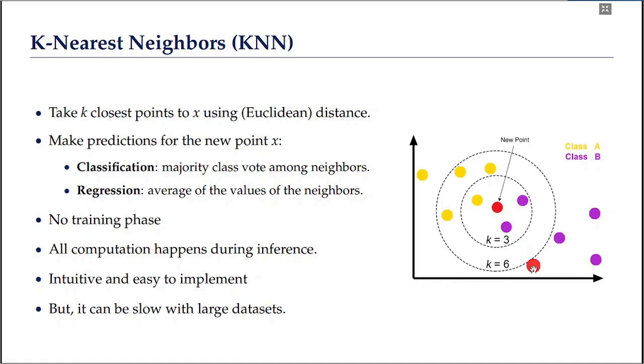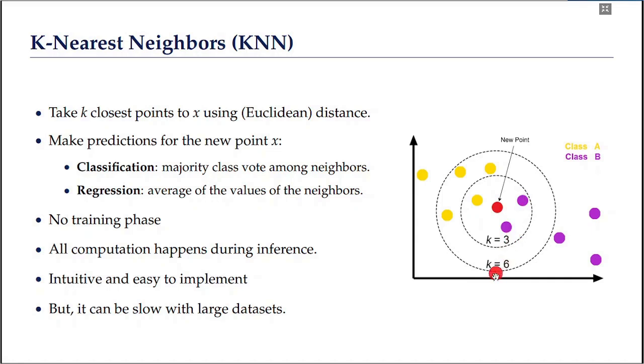But for a regression problem, we are going to consider averaging the values of the neighbors. So for k equals 3, if it is a regression problem, there will be no difference in colors among these points. So this predicted point will be the average of this point and this point.